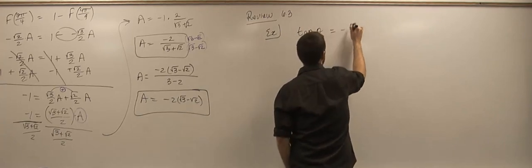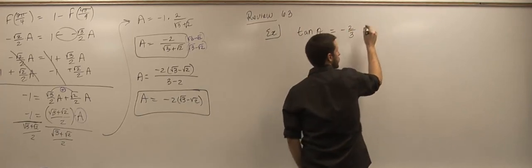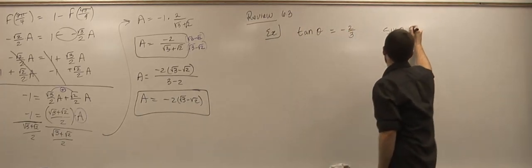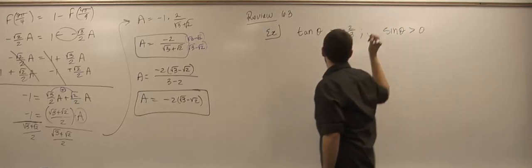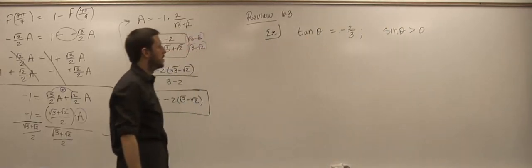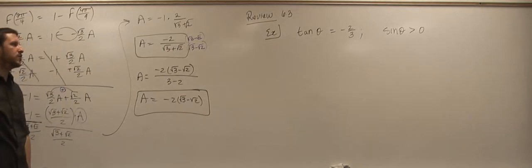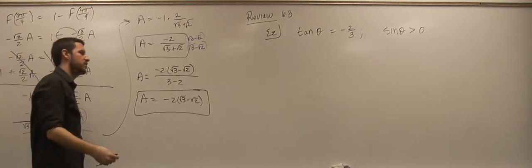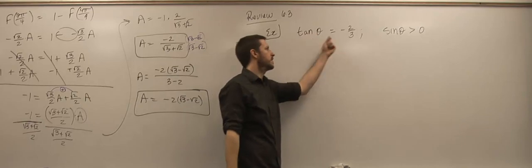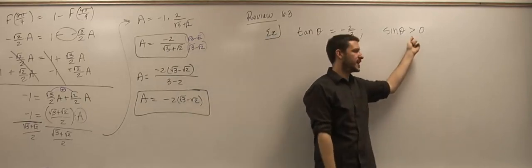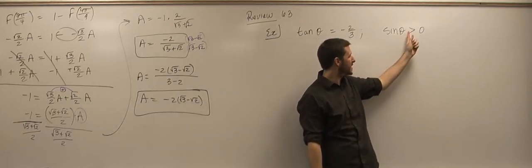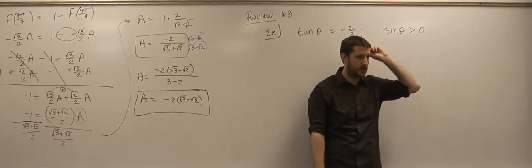This is a little more difficult. I'm giving you 2 pieces of information. One is that tangent equals some number, and the second is about sine theta. I don't tell you what sine theta equals, but I tell you it's greater than 0.